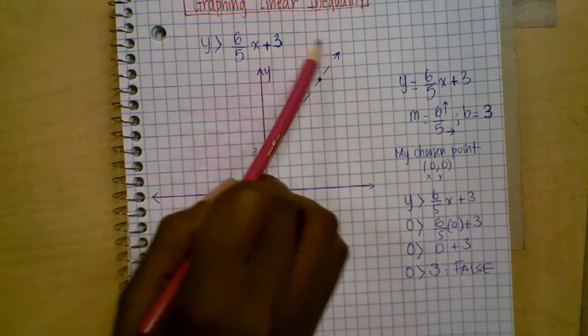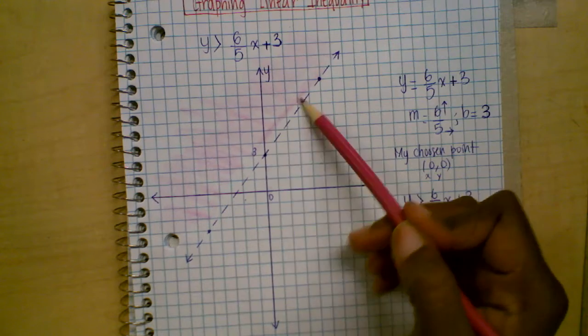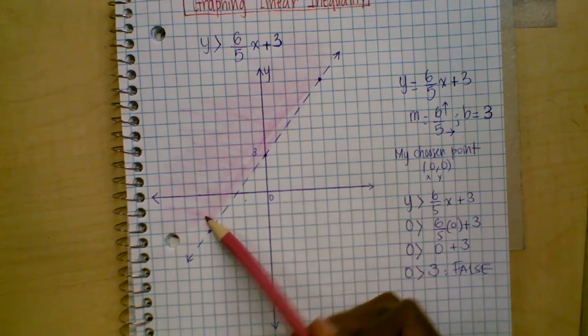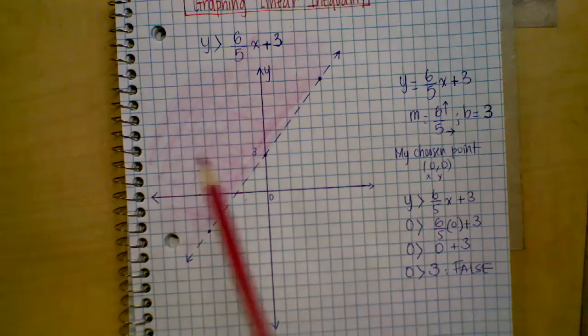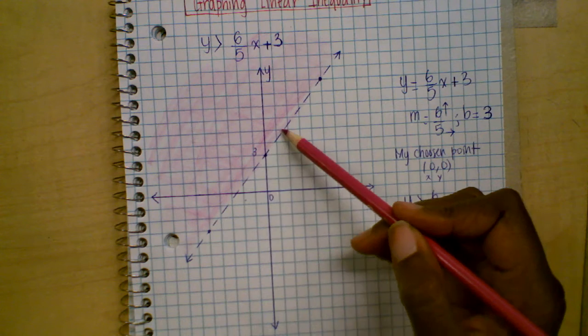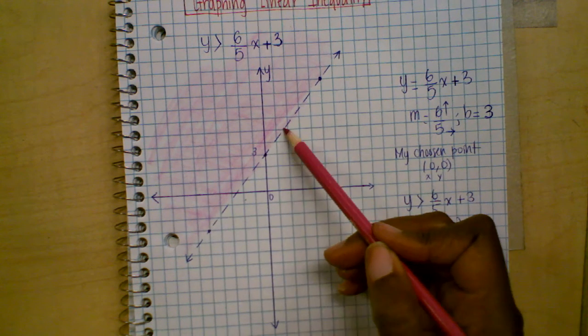What do I mean by shading this area above the line? It means that any ordered pair in this region above the line, but not on the line because you have a dash line, will be a solution. If it were a solid line, you would include the ordered pairs on the line.